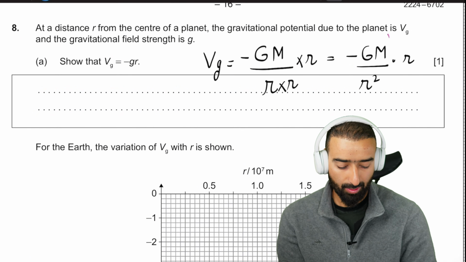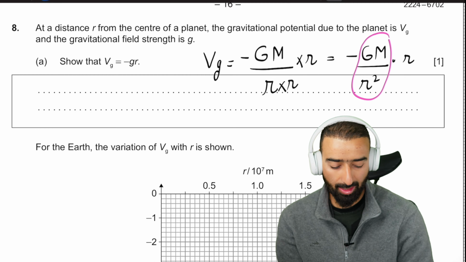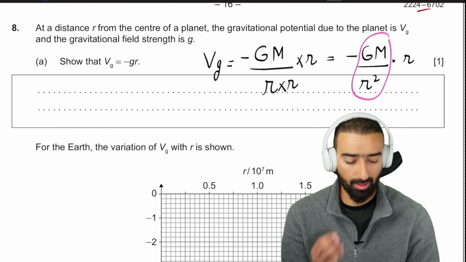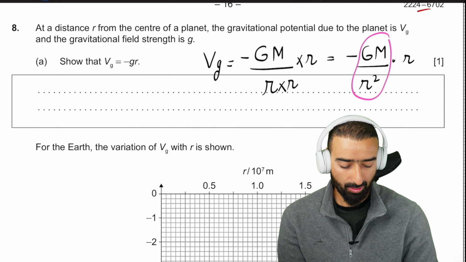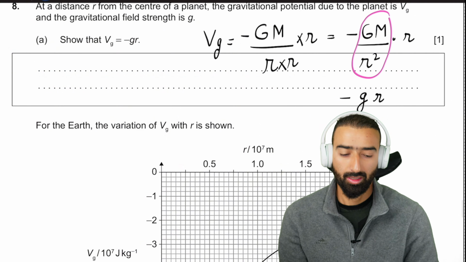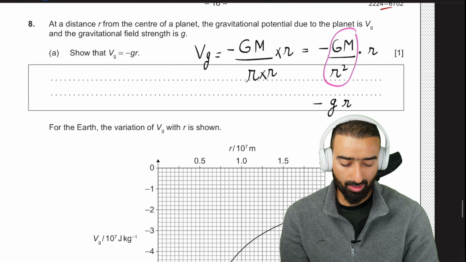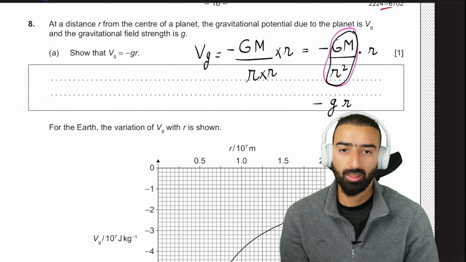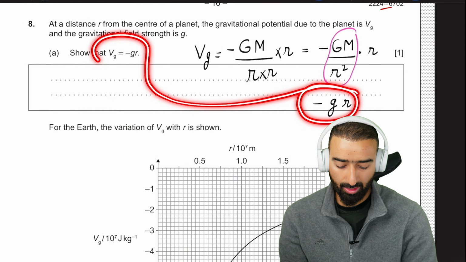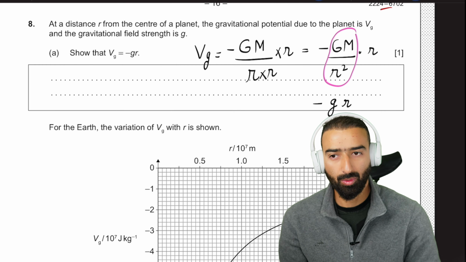And if you focus on this term, you would realize that this is nothing but the field strength. So we can substitute minus small g times r instead of this. Minus g stands for this entire term, which is the gravitational field strength, and therefore we have proved the required equation. Okay, let's move on to the next part.